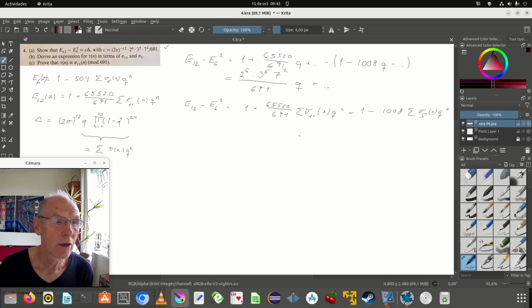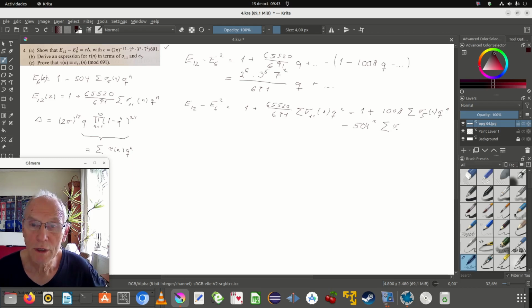And then the double product, it should all have been in parentheses, so that's plus, and then minus 504 squared. And we can collect, like we did in problem 3, to equal powers of q.